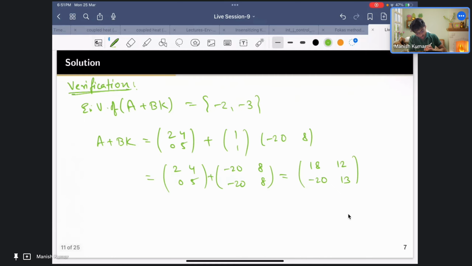Now let us try to check this eigenvalue. So A plus BK minus lambda I would be 18 minus lambda, 12, minus 20, 13 minus lambda.